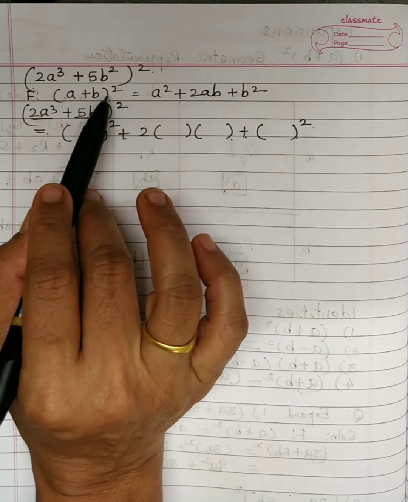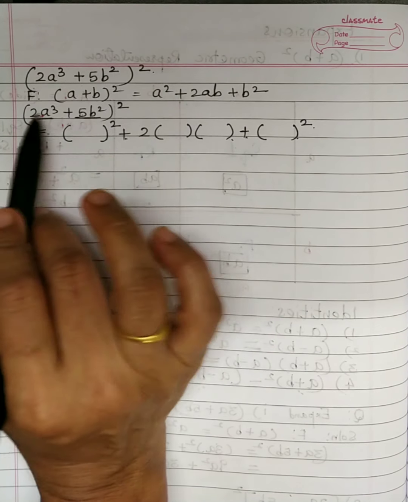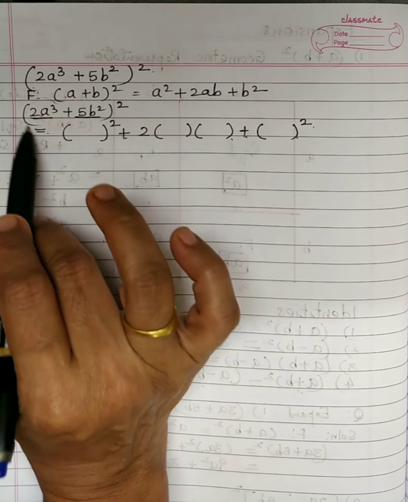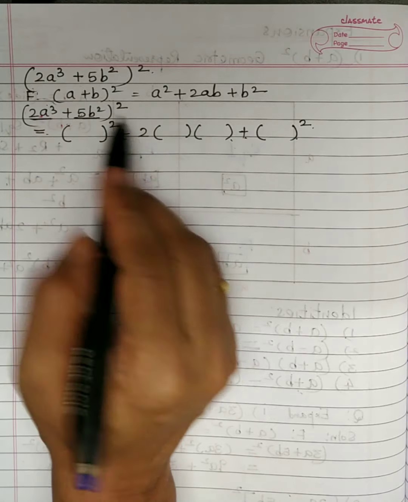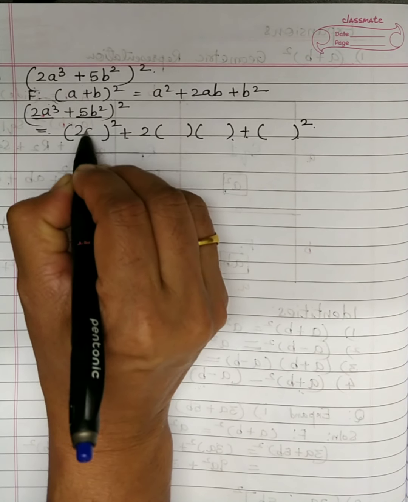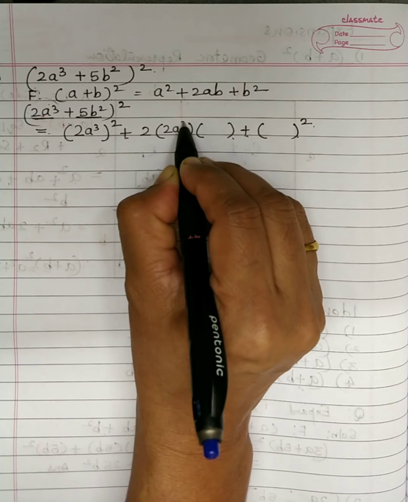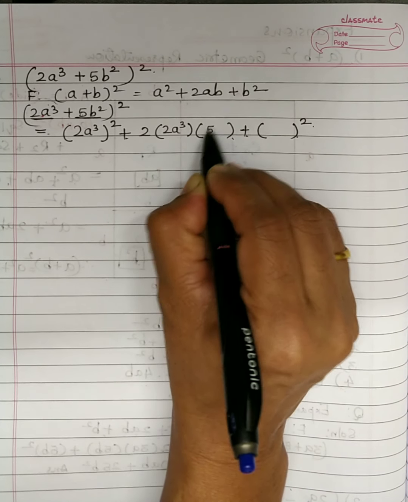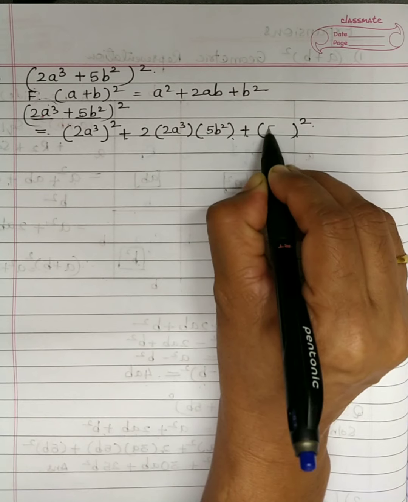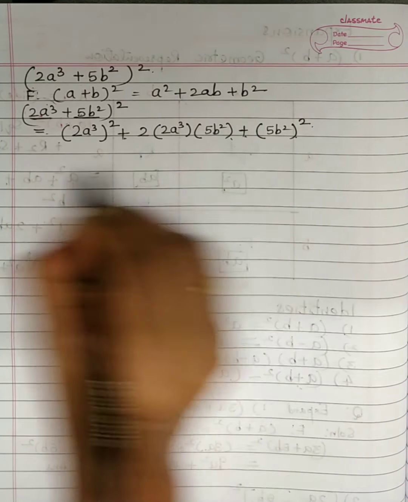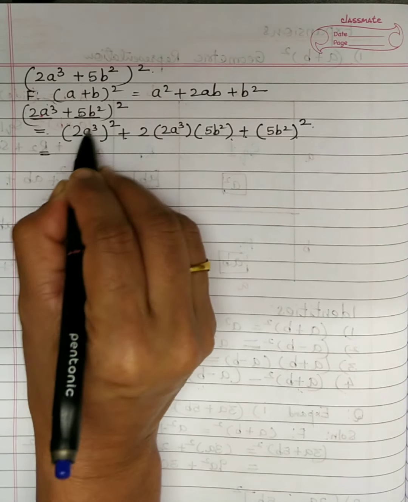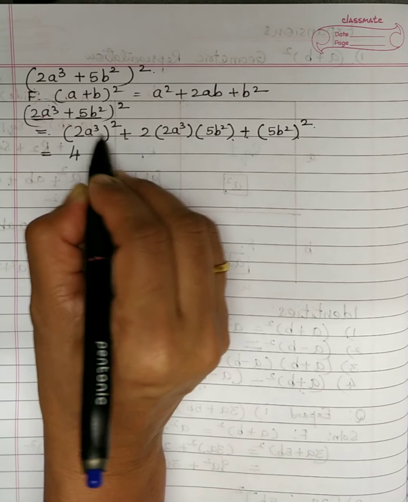Do not get confused. These are given only to confuse you, but you need to understand that first term itself is 2a cube. So write here 2a cube, again 2a cube, then 5b square, then 5b square square. Now 2 square is 4, a cube square.